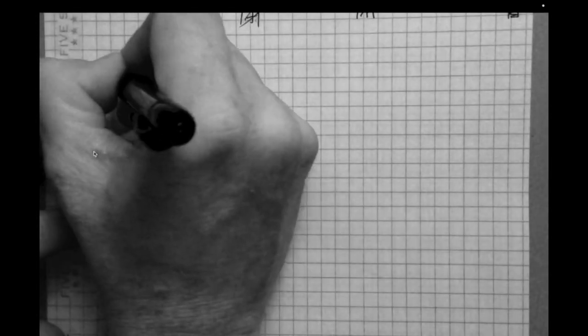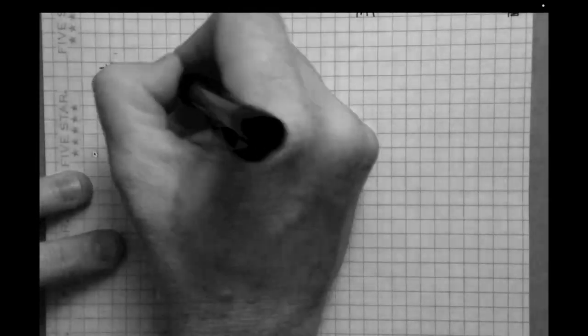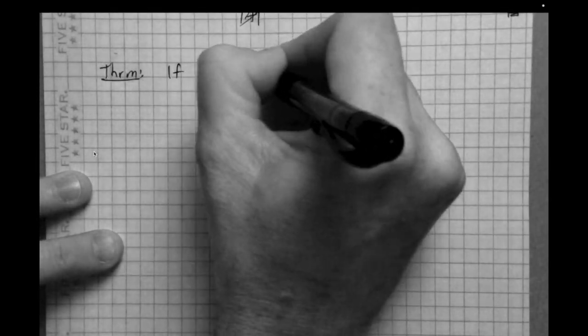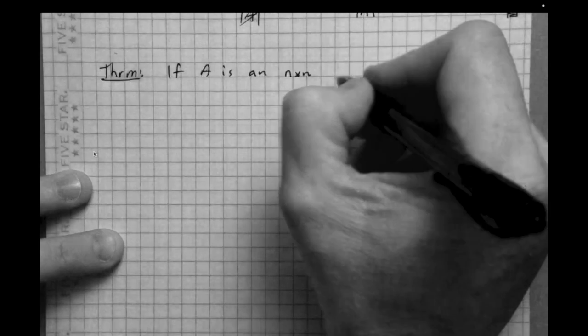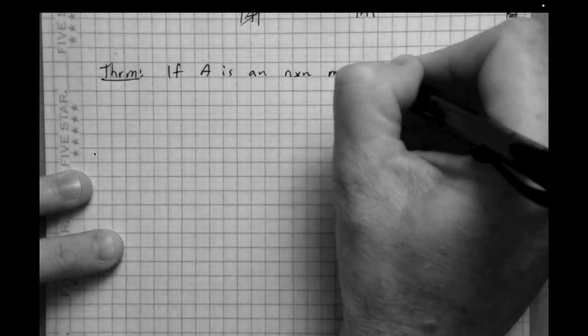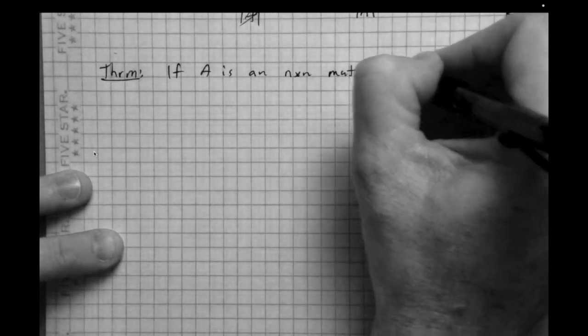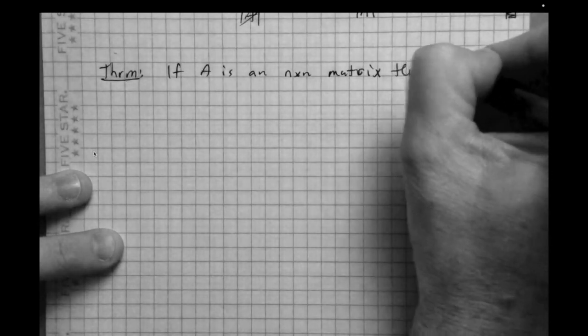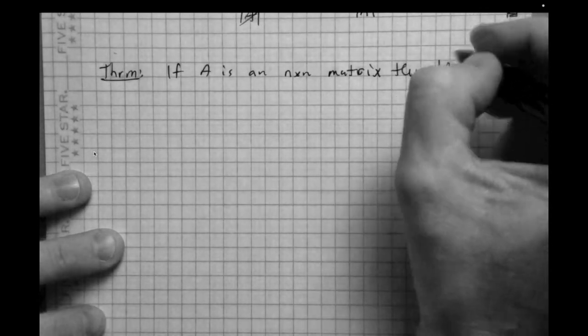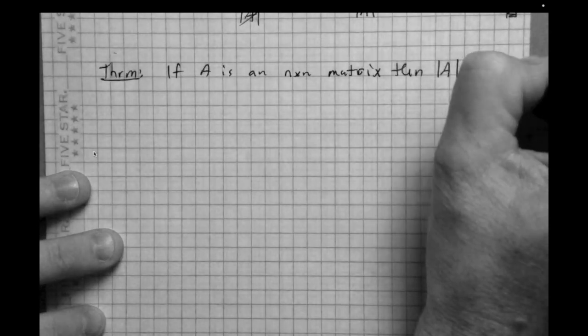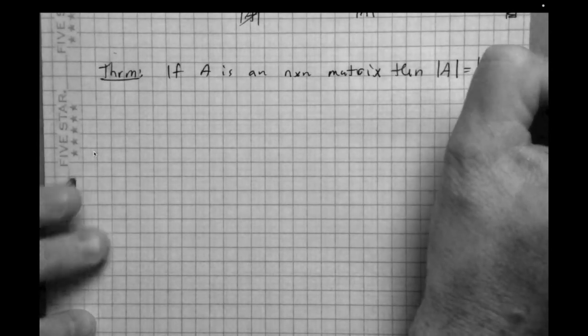All right, let's jump to a discussion of transpose. Let's talk about what happens with the transpose. Okay, if A is an n by n matrix, then the determinant of A is equal to the determinant of the transpose.